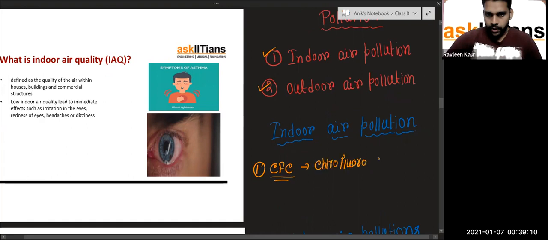This comes out from our refrigerator, from the AC, these types of things. So this is a very important air pollutant. It has a very adverse effect on the air. This is one of the things that comes out from our homes only.